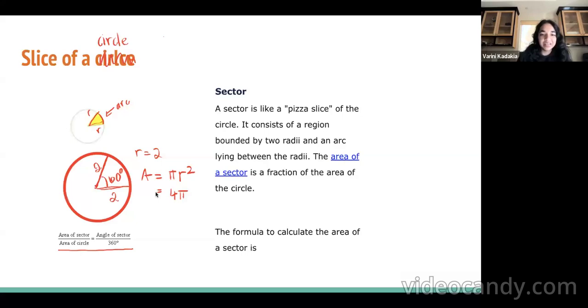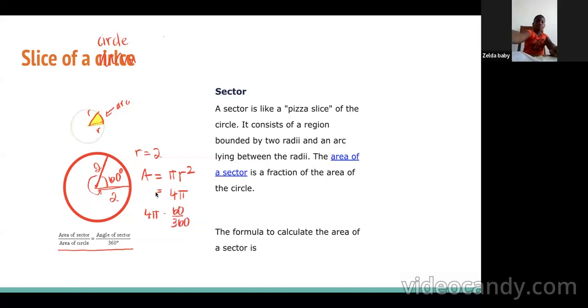We know the whole angle at the center of the circle is 360 degrees, but the sector is only taking 60 degrees out of that 360. So its area will be in proportion to that. So its area would be 4 pi times 60 over 360.